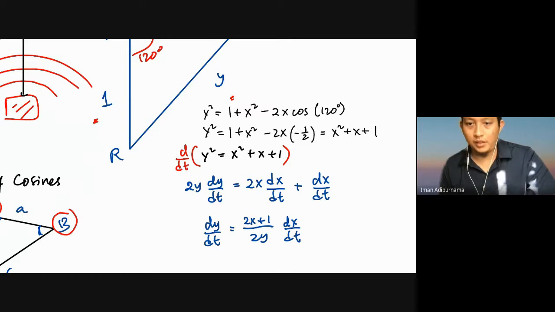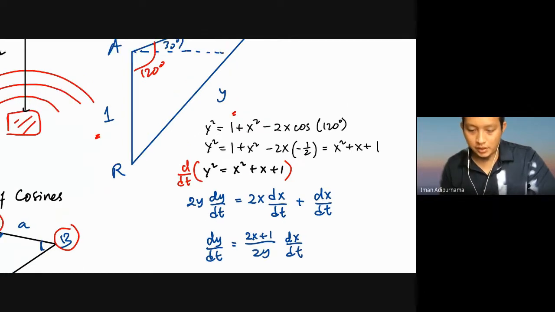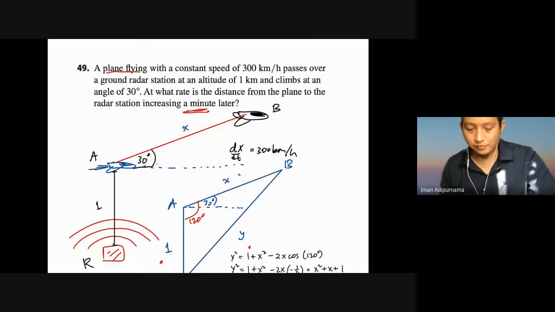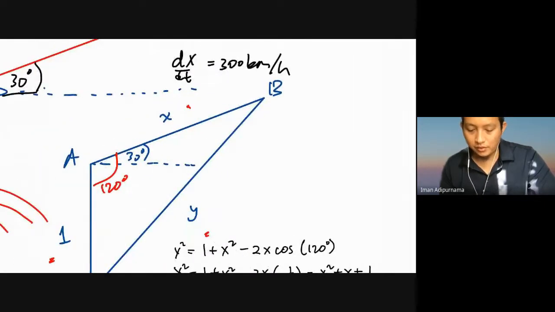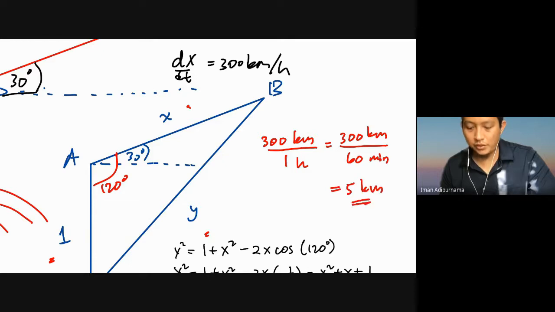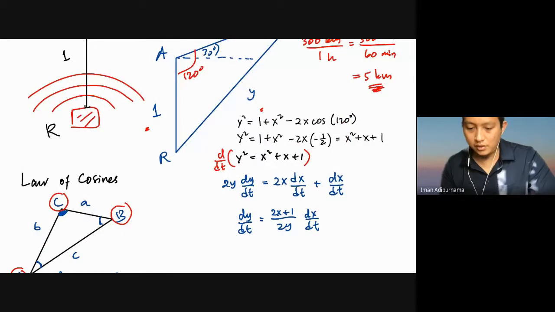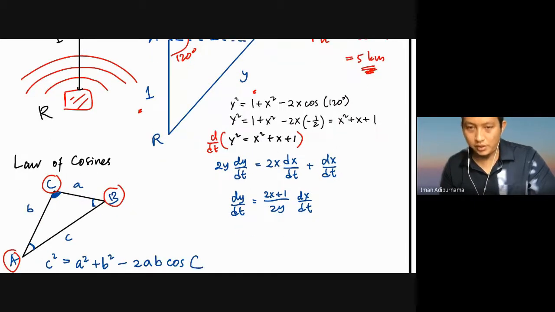Now the question is asking after how much? Oh, a minute later. Okay. So we know that 300 kilometers is for 1 hour. So for 1 minute, it's 5 kilometers. So we are using this 5 kilometers for our calculation here.